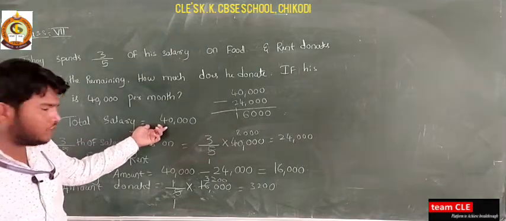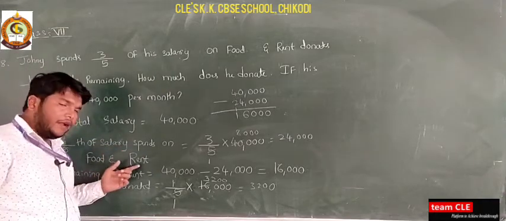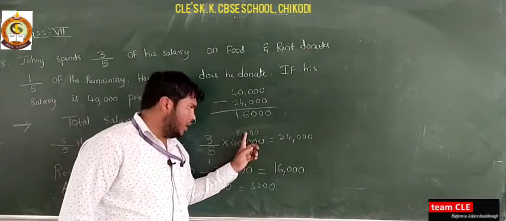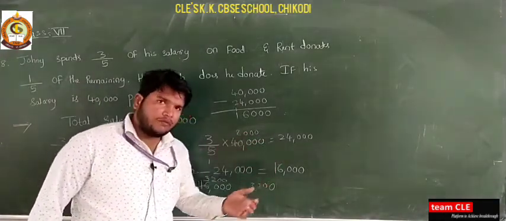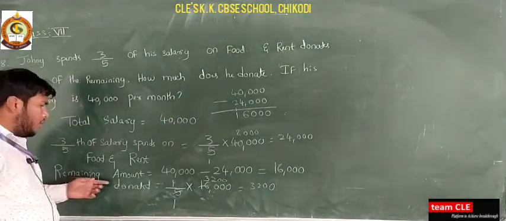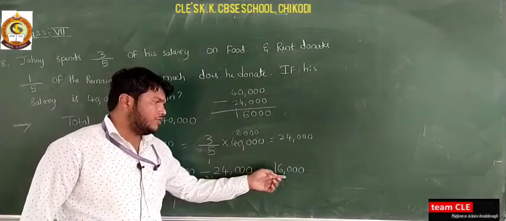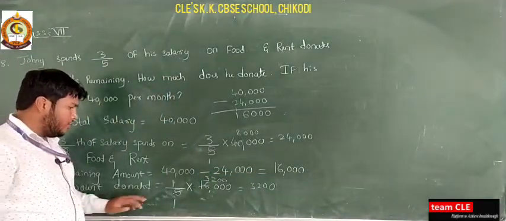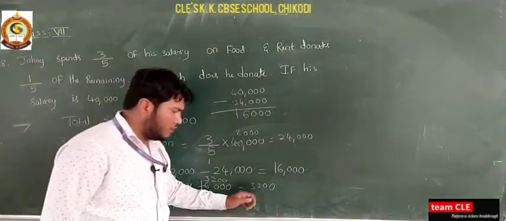So see here, dear students, first write the total salary given in the question, that is 40,000. 3/5th of the salary spent on food and rent, 3/5 into 40,000, is 8,000 into 3, which is 24,000. The remaining amount is 40,000 minus 24,000, which is 16,000. The amount donated is 1/5 into 16,000, which is 3,200.